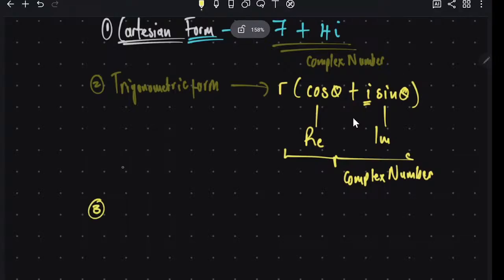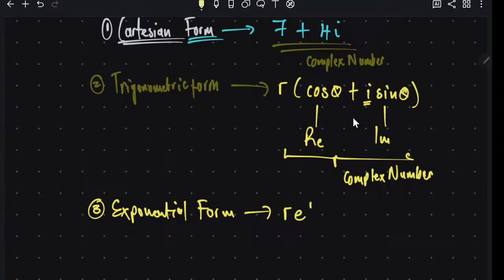Then you do the third one, which is called the exponential form. In exponential form, you'll have it written like this: R e to the i theta, or to the theta i, doesn't matter. We'll see in examples.